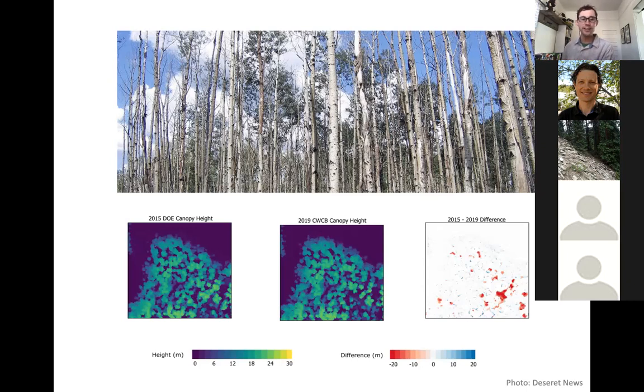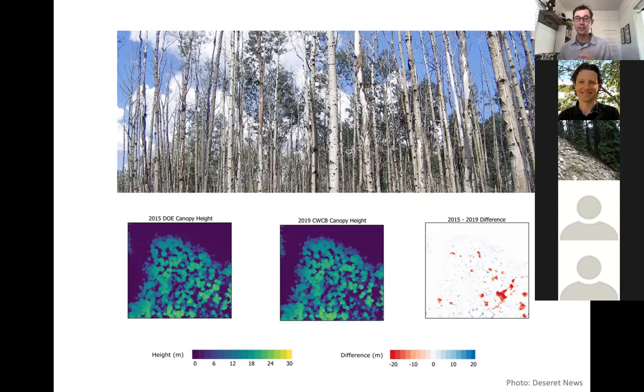If we process this data well and come up with really good canopy height estimates across the whole domain, then we can just subtract the 2015 from 2019 canopy heights to get a relative change of canopy height between those two scans. That's what you see on the right here.